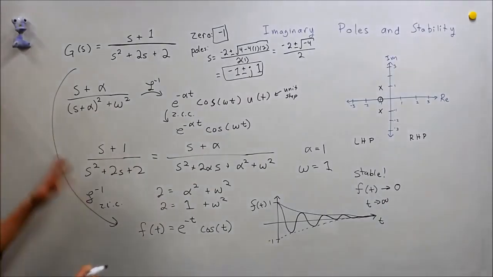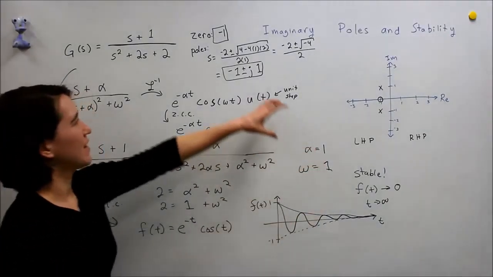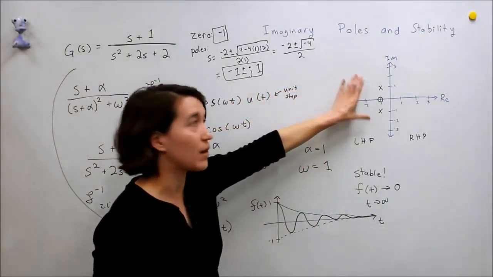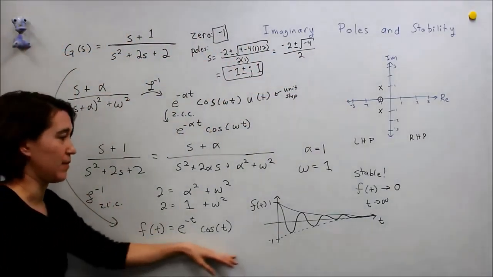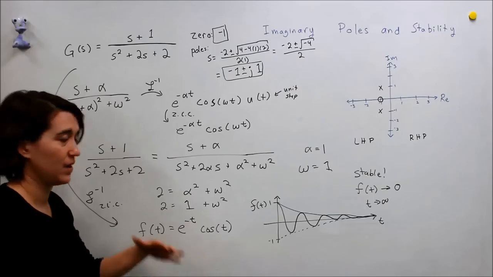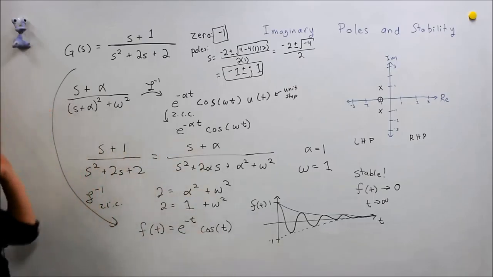Hooray! So from this example, we can see that we had poles in the left half plane. They're imaginary, but we were able to transform it into an exponential times a cosine, so some oscillatory component.